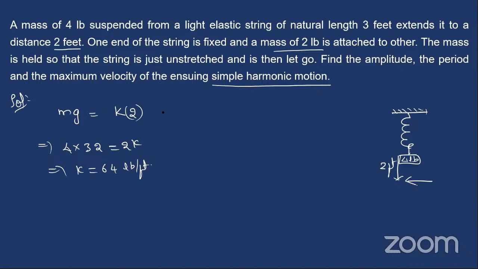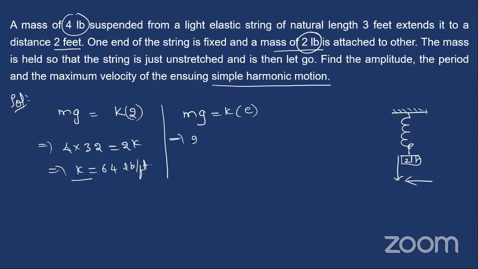So how can you calculate this elongation? I'm just taking the same story again. Instead of 4 lb, if you now add a mass of 2 lb here, how much elongation do we get in this spring? To calculate this, mg is equal to k into e, where the elongation is e. We are continuing the problem with this particular mass; you are given some mass here just to calculate the restoring constant. So when mg is equal to ke, we have all these things already.